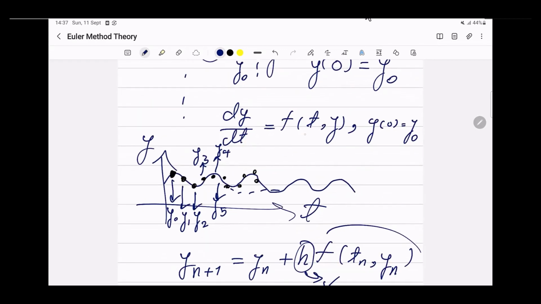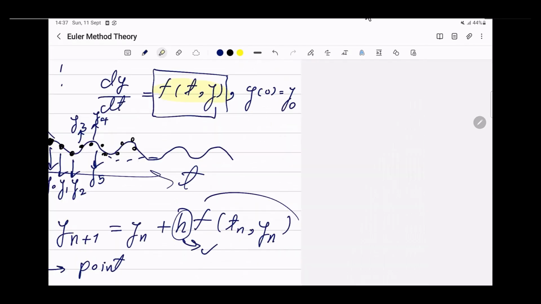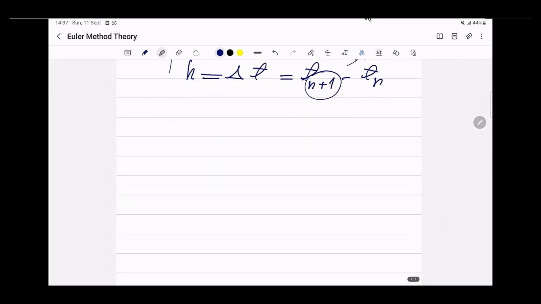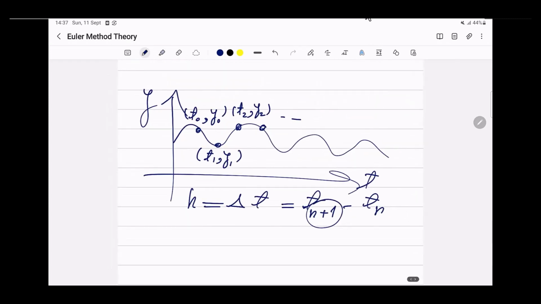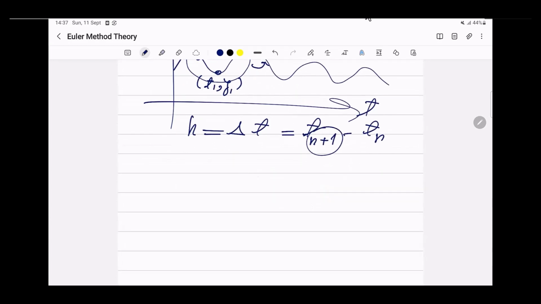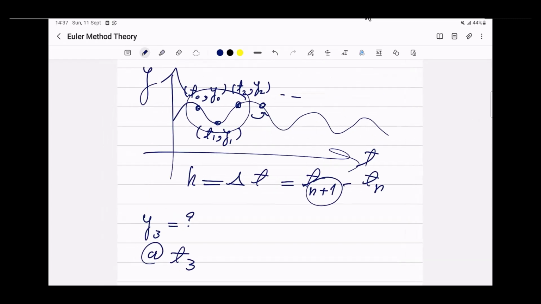What about f? F is the function that we had from our differential equation. In Euler's method, you take the previous data point. Let's say you know the solution up to this point and you want to know where the next point is. You want to find y3 at t3, and you know the solution up to t2.